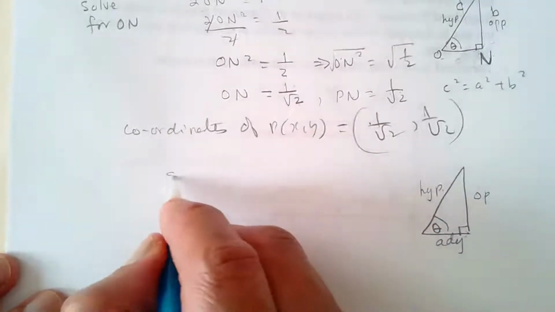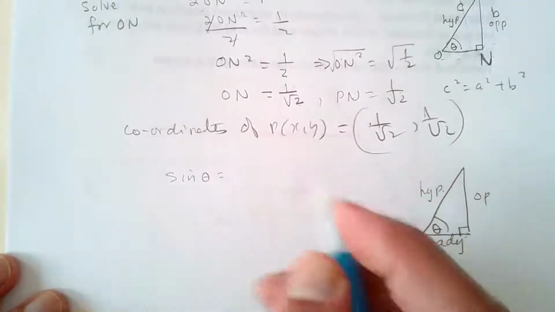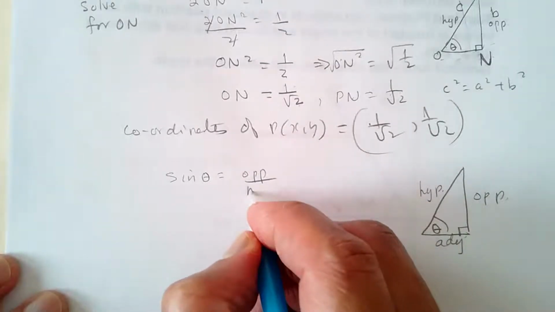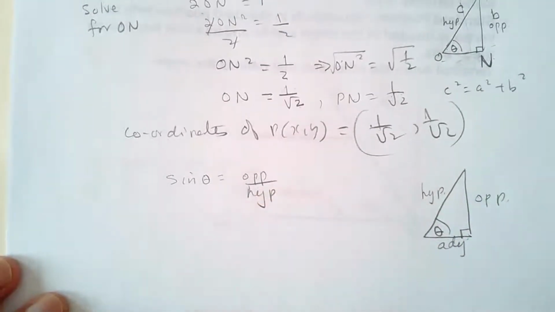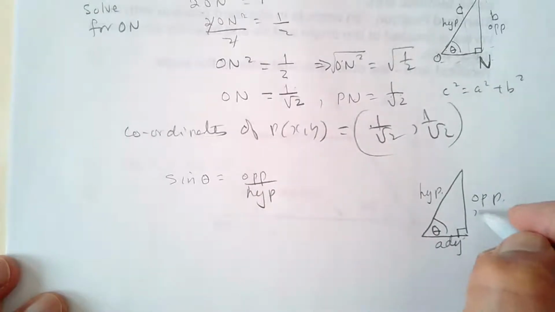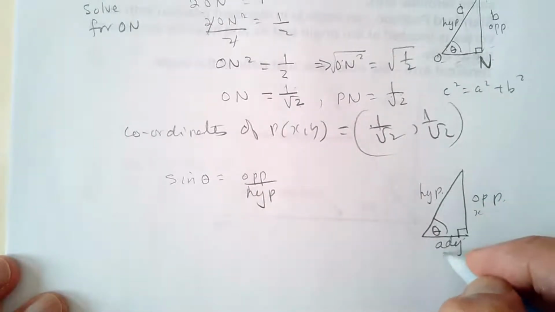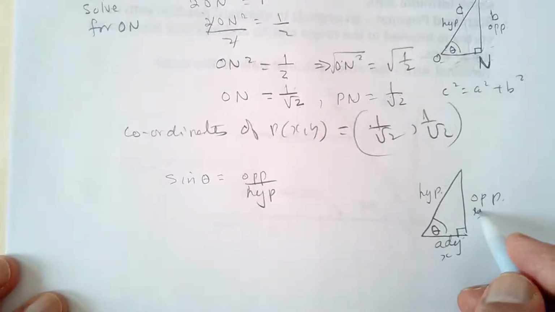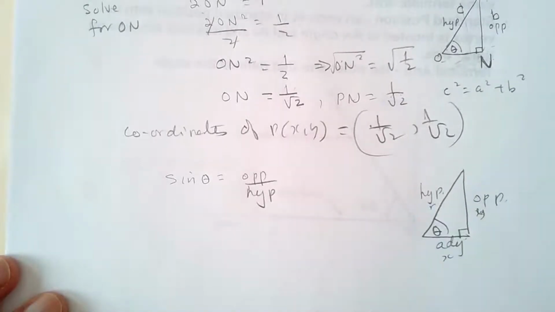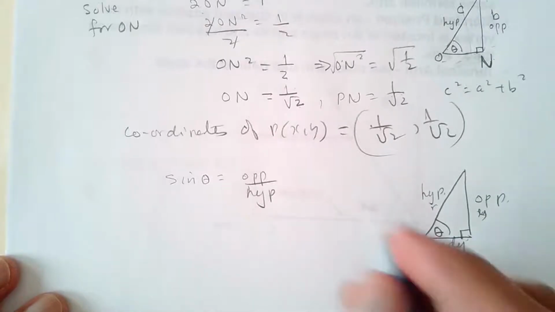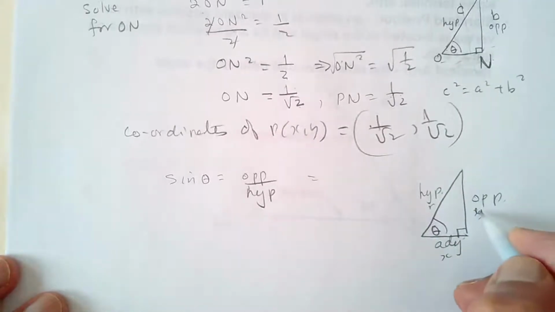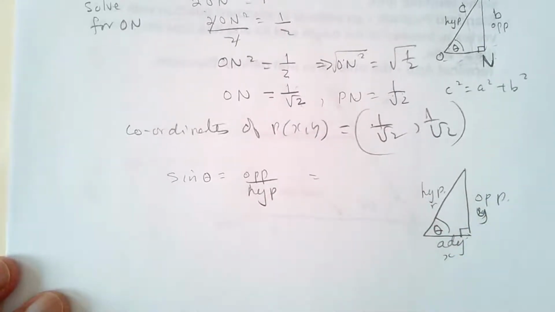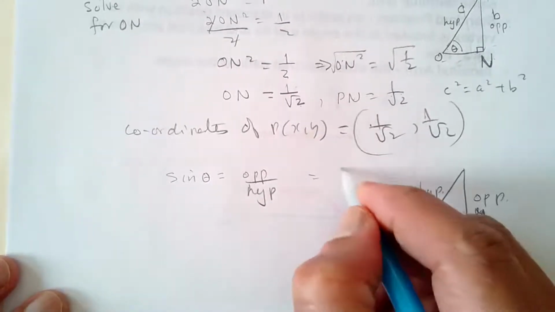Remember, the trig ratios: sine theta is the opposite over the hypotenuse. If this is y and this is x, and we call the hypotenuse the radius r, then sine is y over r.